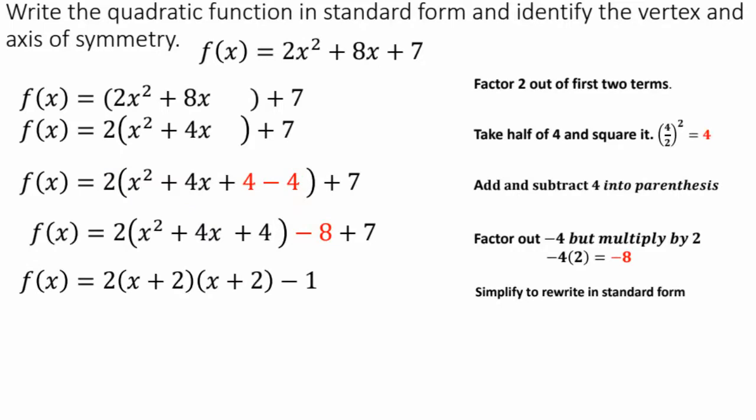Negative 8 plus 7 is going to give me a negative 1. And this inner part, x squared plus 4x plus 4, is a perfect square. Hence, that's why it's called completing the square, because we make a perfect square. This translates to x plus 2 times x plus 2. But then you're wondering, how do I know that? How do I know that x squared plus 4x plus 4 becomes x plus 2 times x plus 2?